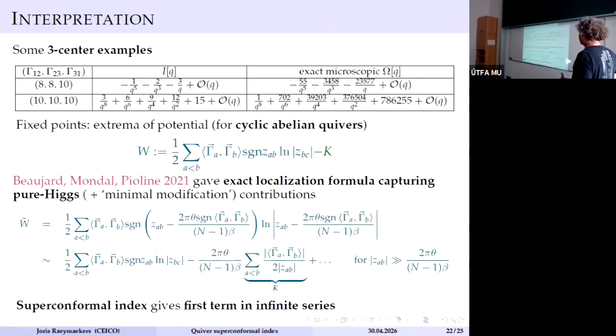Our approximation is supposed to be valid only when the branes are sufficiently separated from each other, when the z's here are much bigger than the second terms.